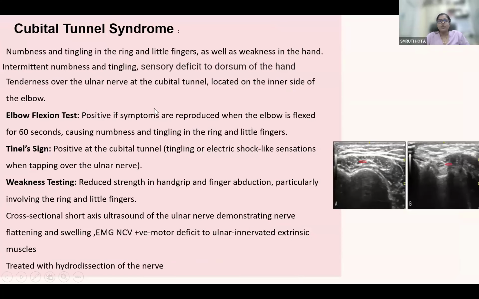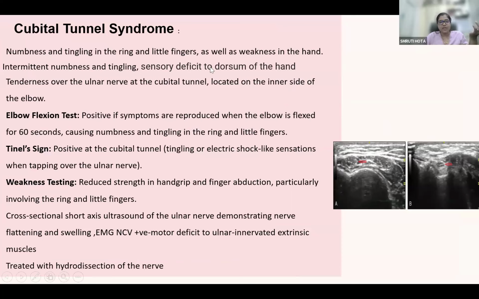Then coming to cubital tunnel syndrome. This is also another important entrapment neuropathy. You remember these boundaries. These are very commonly asked questions in all your exams. There is numbness and tingling in the ring and little finger.